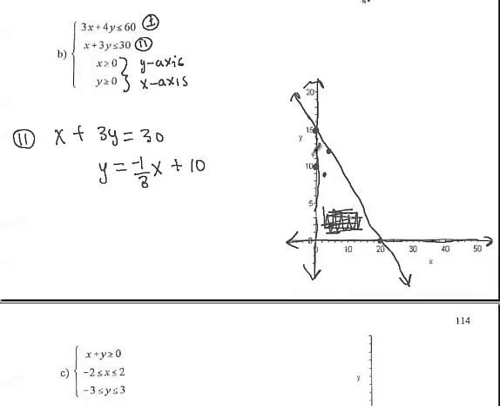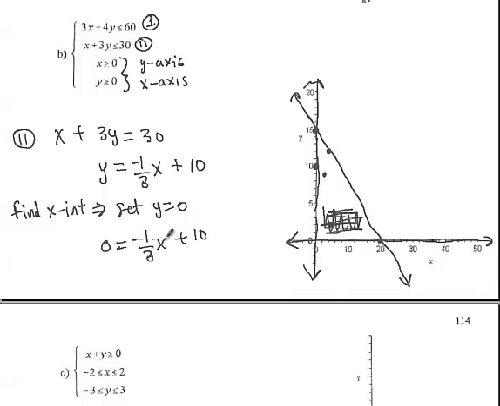But once again, these points are really close together, so the slope may not be the best route to go. Again, we would get a much more accurate graph if we were to find the x-intercept. Set y equal to 0 and solve for x.